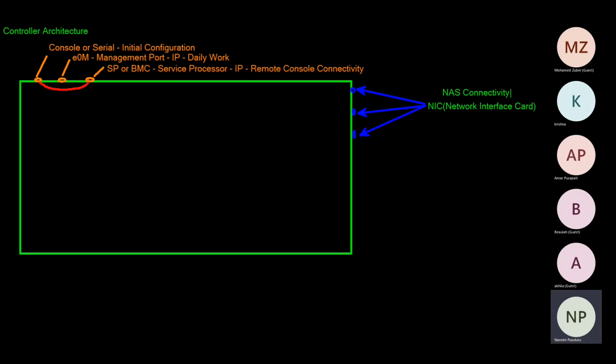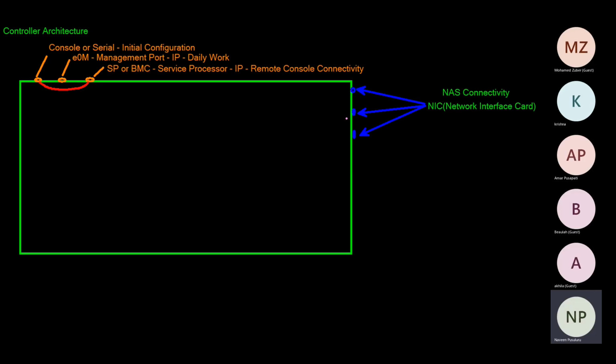Through these NIC ports, our clients will access the storage from this controller. These NIC ports will be connected to the LAN, and our servers are connected to the same LAN. So whenever they want to access the storage, they'll be able to access it from this controller via these NIC ports. These are for NAS connectivity.